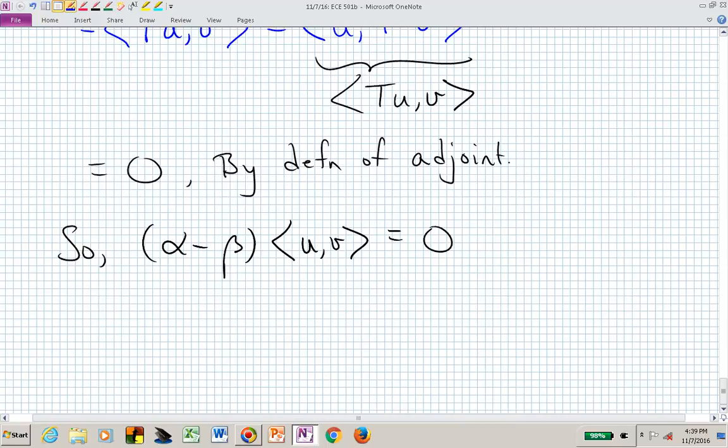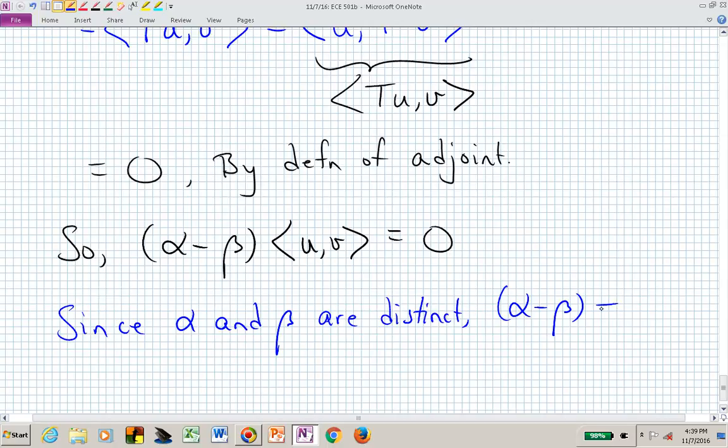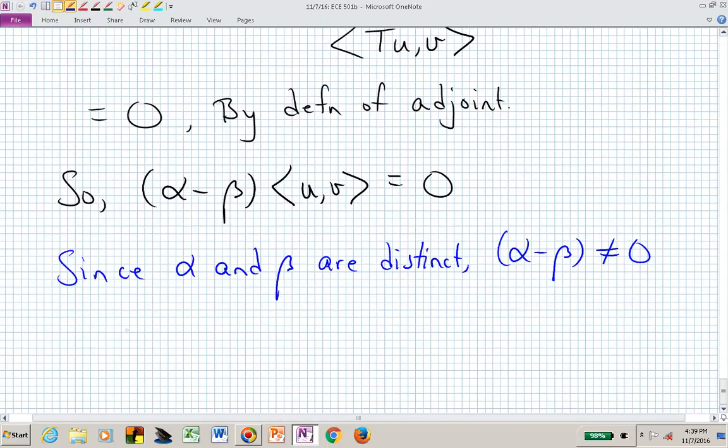But what did we assume about alpha and beta? Did we say they were the same? No, we said they were distinct. Since alpha and beta are distinct, we know that this scalar alpha minus beta is not 0. We can divide it out, and that allows us to say that the inner product of u with v is equal to 0.